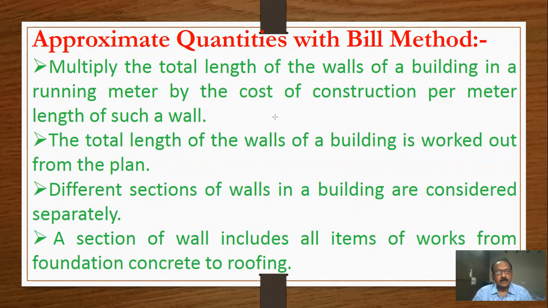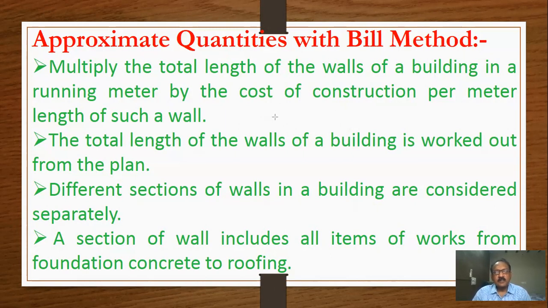Suppose you calculate the total length of the wall, and it comes around 60 meters or 70 meters. 70 meters into the construction cost per 1 meter. That way, you take the approximate quantity and the bill method, that is the local rate according to that construction, and you will calculate the approximate cost of the building.